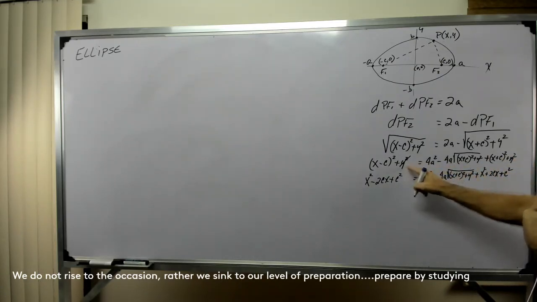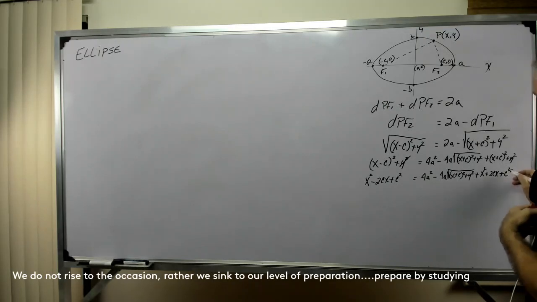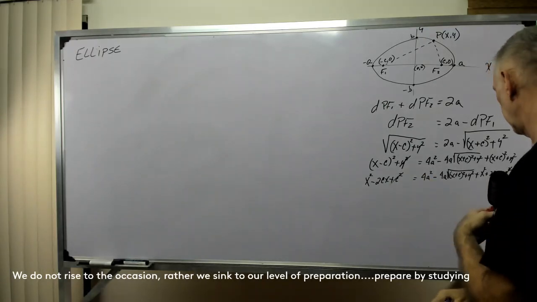And we've already subtracted that guy out. Okay, so I can subtract c squared from both sides.